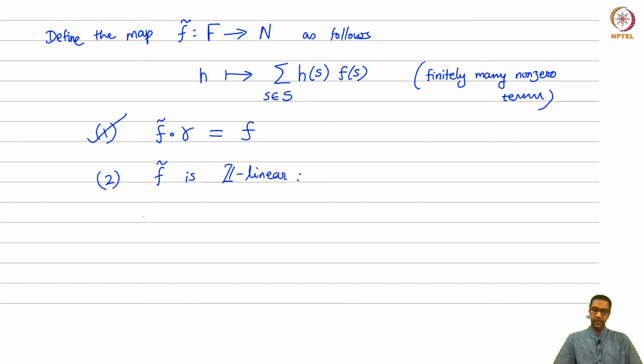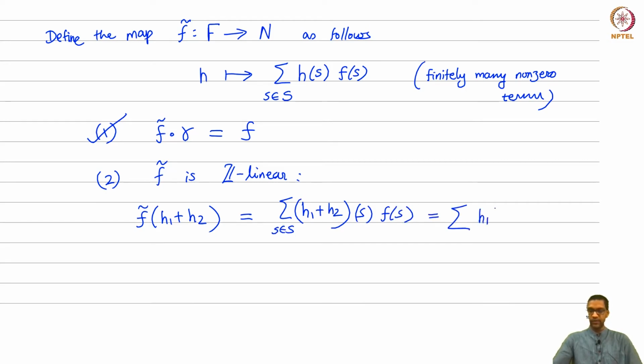So what does that mean? We need to show that if you take f tilde of a sum of two elements, h1 plus h2, we must see what the answer becomes. It's the sum of (h1 plus h2)(s) times f(s), but h1 plus h2 is just the pointwise sum, h1(s) plus h2(s), multiplied by f(s).